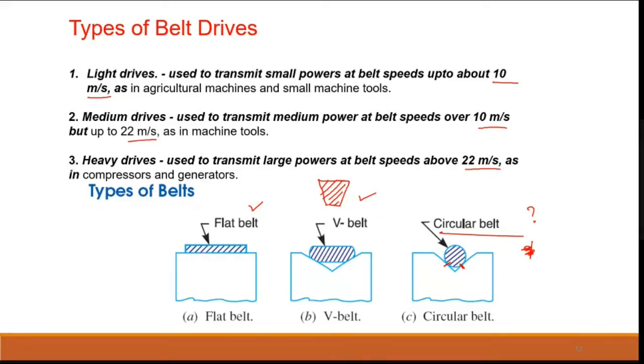You can see a flat belt having this much amount of contact. V belt, of course, will be having a contact like this, right? When compared to flat, V is having higher contact, because for flat, if you want higher contact, the length of the flat surface should be increased, right?